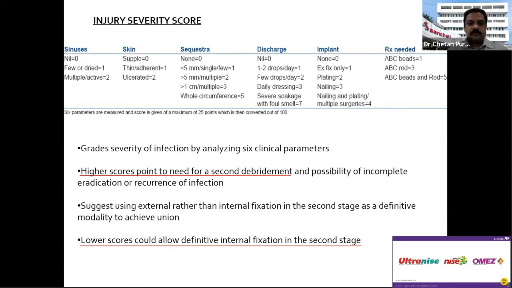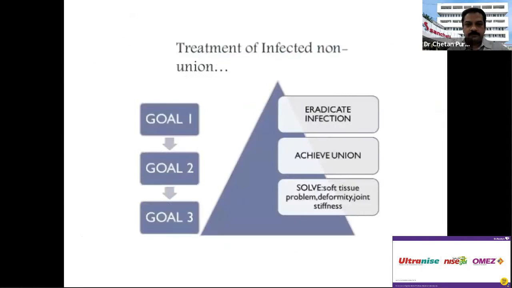So higher scores in injury severity score also indicate that there may be a need for a secondary procedure such as debridement for complete eradication of the infection, and a lower score might allow you to do a debridement and think about going in for internal fixation with minimal risk of subsequent infection.